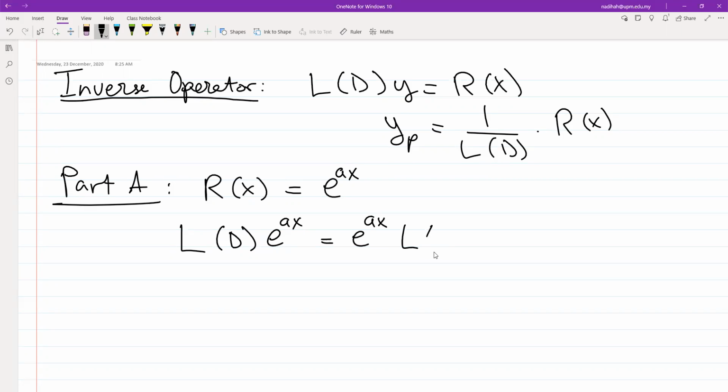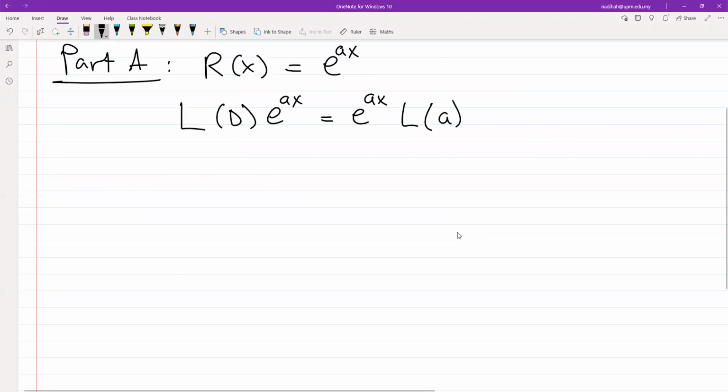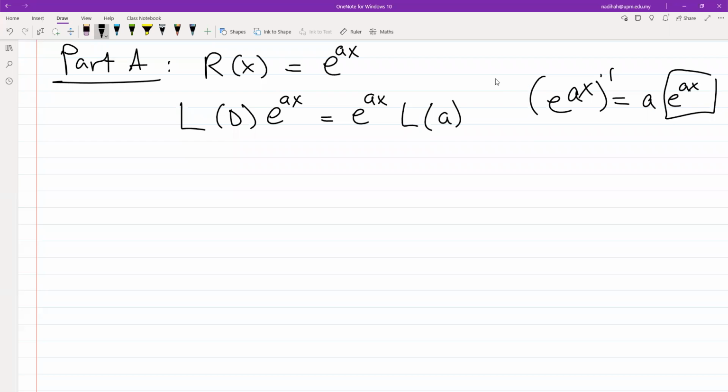Saya rasa awak dah belajar benda ni dalam sebelum ni. Sebab kalau awak buat banyak kali pun untuk ni ada contohnya, kalau saya ada e to the ax exponential, awak akan dapat a to the ax. Yang ni maksudnya. So, kalau saya ada b e to the ax, dia akan jadi e to the ax. Itu maksudnya.